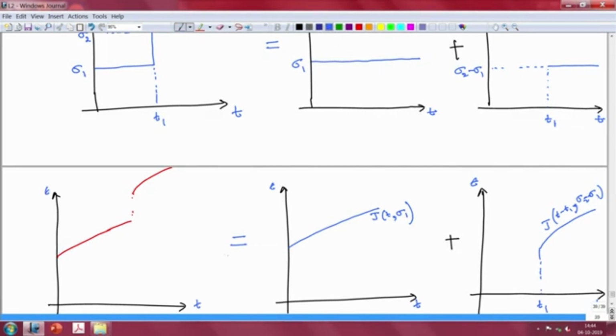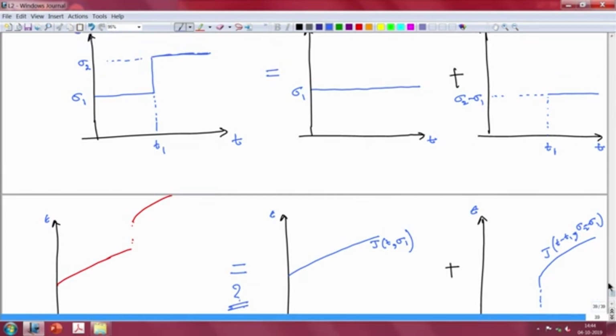So, can we write this or not? And this is your question. Superposition of separate responses says that no matter what kind of complicated input signal you might wish to provide, if you break it up into separate signals, then the final output is just the sum of the separate responses.